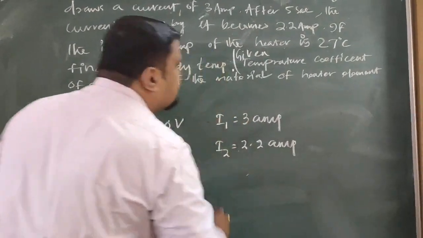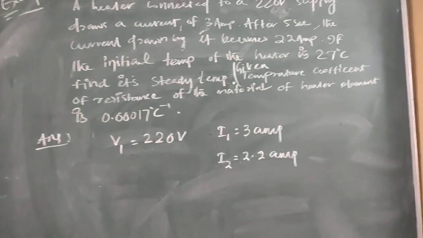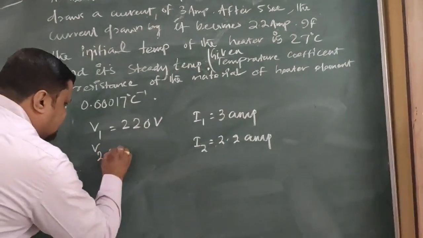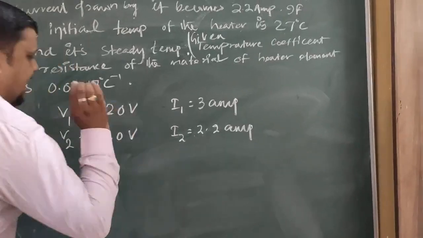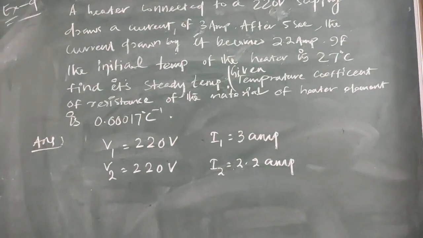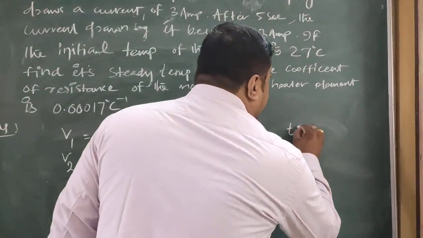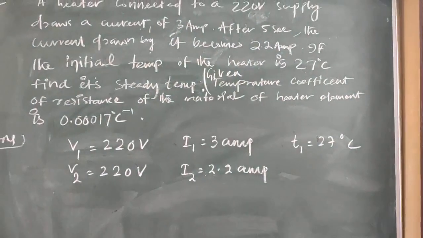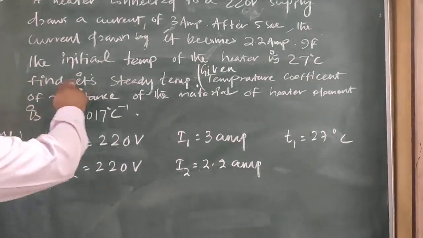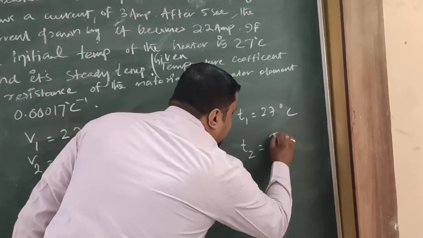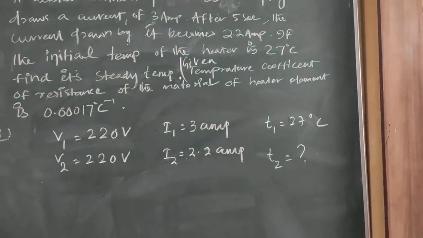The voltage at that time is also 220 volt. It is given that the initial temperature of the heater is 27 degrees centigrade. Then find its steady temperature, that is, T2.